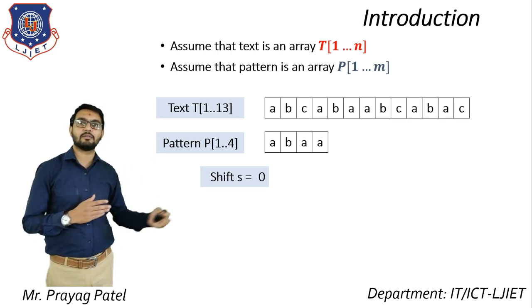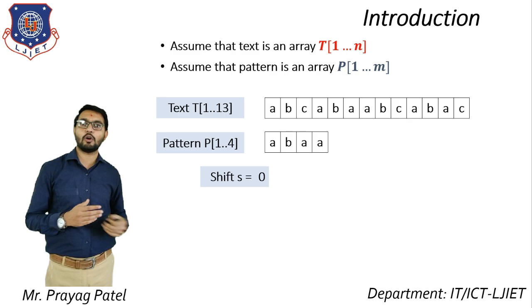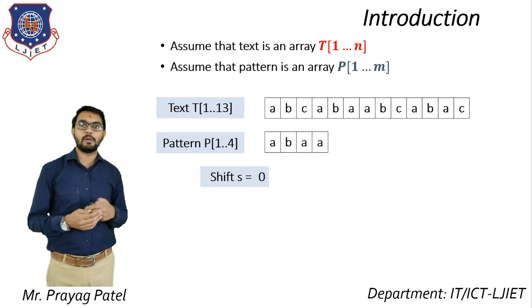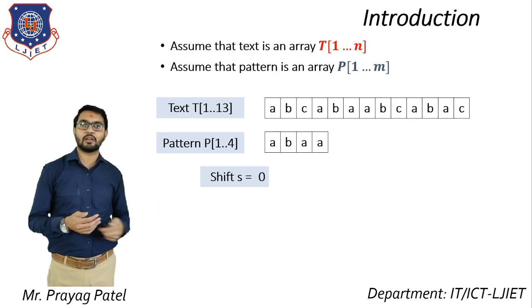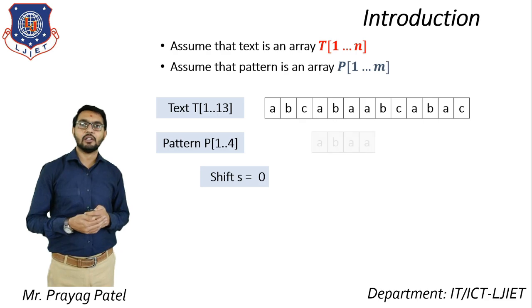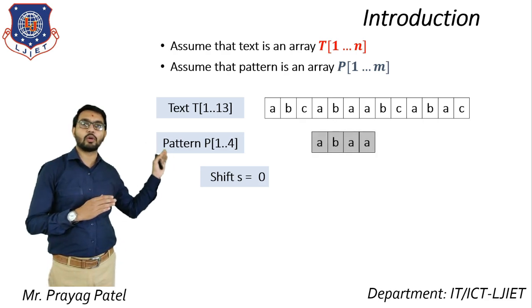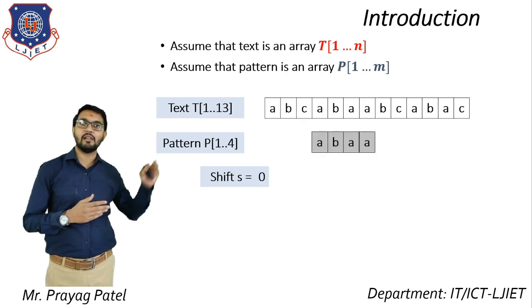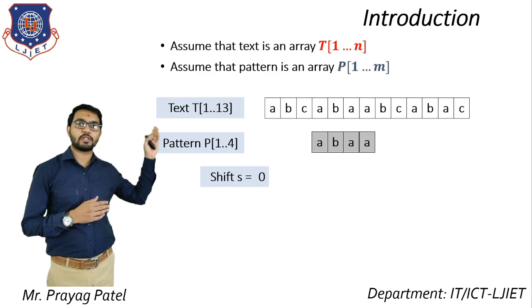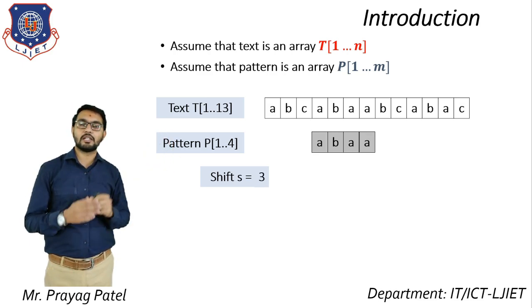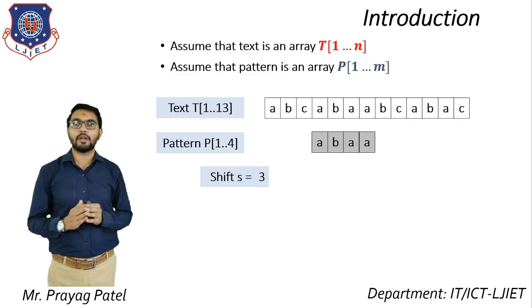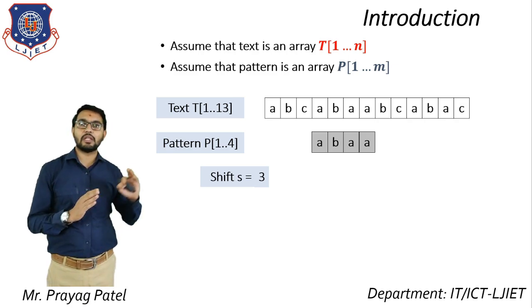So consider the next shift operation. After the shift operation, s equals 1, then s equals 2, s equals 3 and so on. Now the pattern matches at this location. Here the pattern and text matching process is A with A, B with B, A with A and A with A. So after the shift 3 operation, your pattern matches with your text.